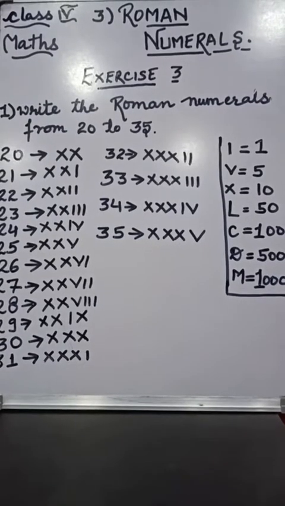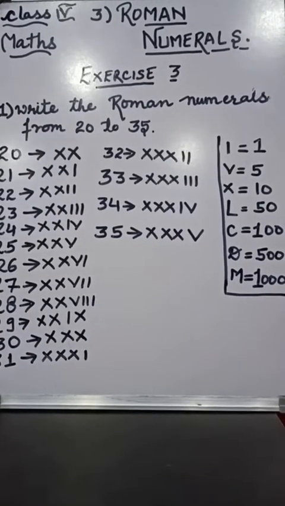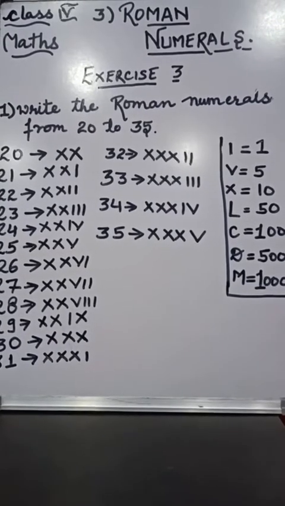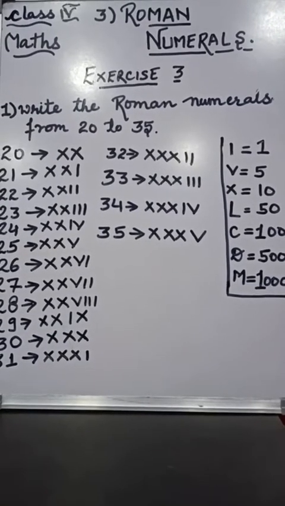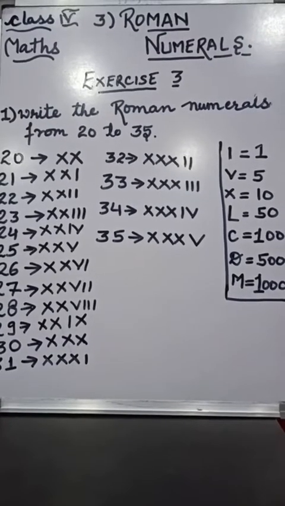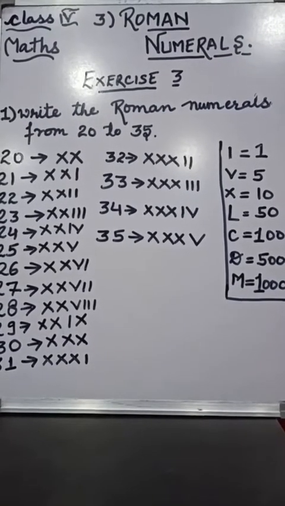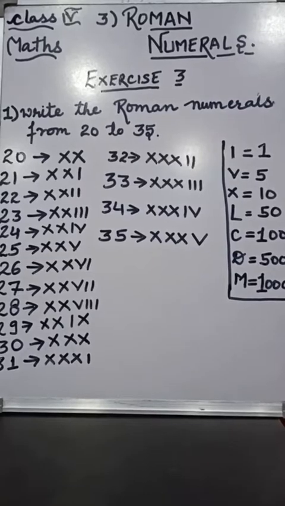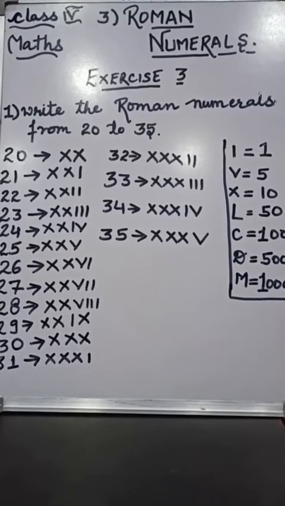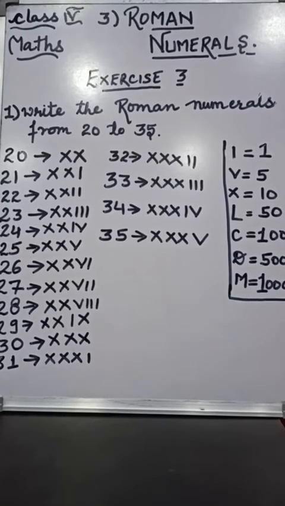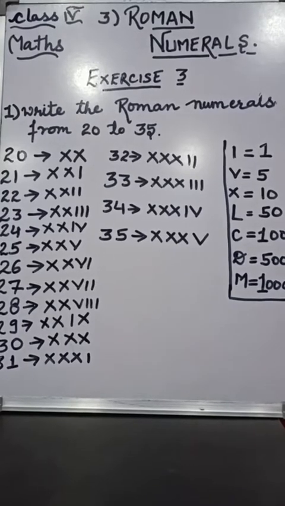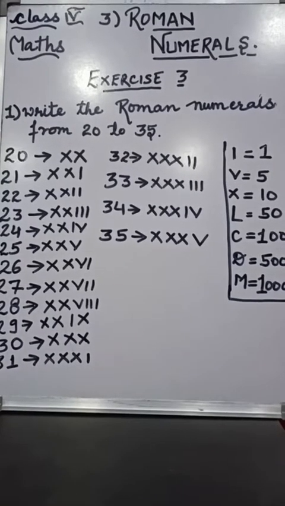Before starting, all of you please take out your notebook, your pen and open page number 21. On page number 21 you can see a chart is given, numbers from 1 to 50. Letters and their numeric values from 1 to 50 are given.